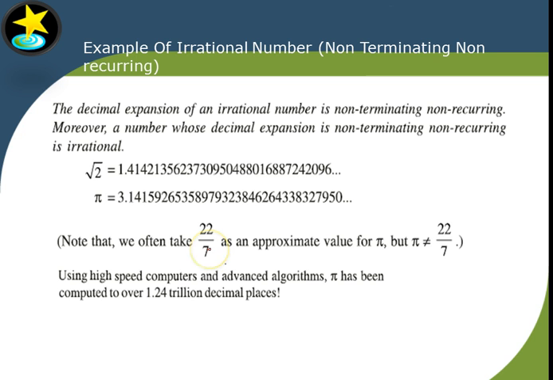This is not the exact value of pi. We have tried calculating the value of pi with computers and advanced algorithms, and pi has been computed up to 1.24 trillion decimal places. Now, this is such a big number after the decimal, I can't even write it here on this paper.